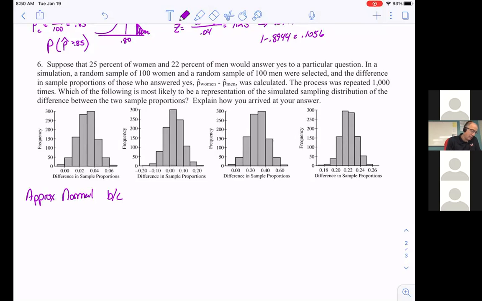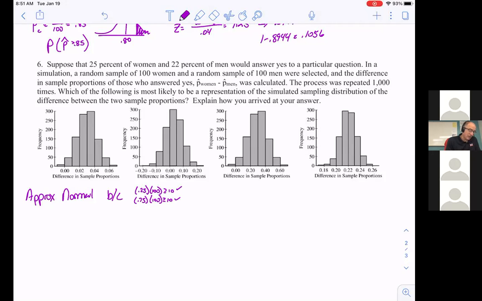So we're going to expect in that group 25 successes and 75 failures, both greater than or equal to 10. 25% of the women will say yes, which means that 75% will say no. So if I have a random sample of 100, both of my sample groups are greater than or equal to 10. So that checks out for the women.